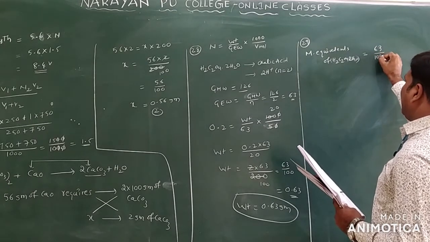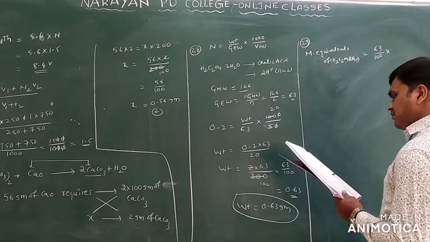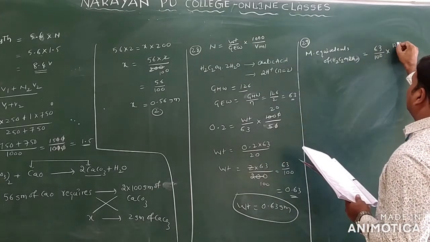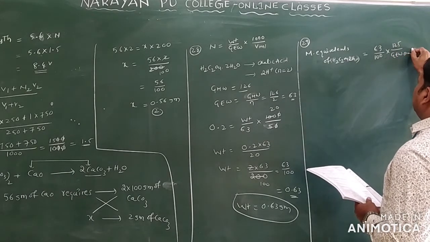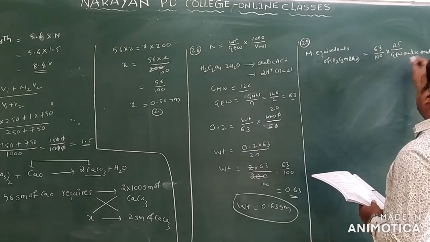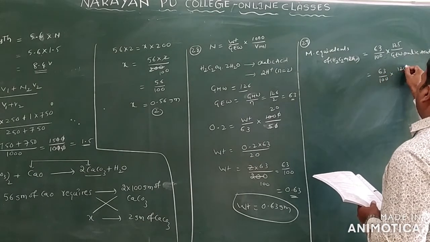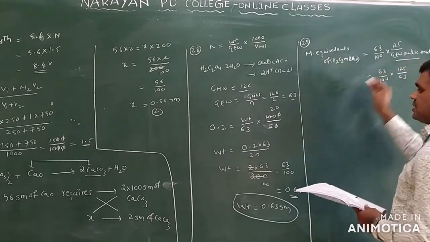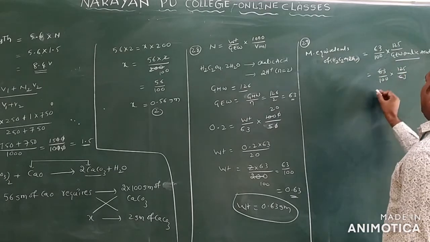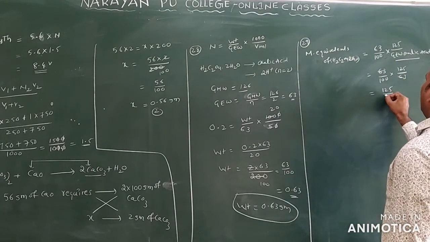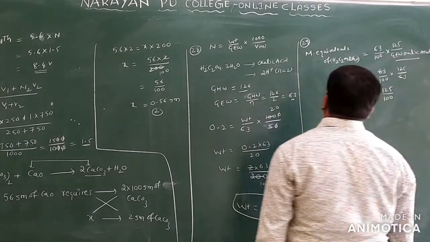It is present in 100 grams we are taking, into the volume given, how much? 125. And you can take gram equivalent weight of oxalic acid. So I will write 63 by 100 into 125 by 63. Already you found 63 in this case. So 63 cancels. What will you get? You will get 125 by 100. This is the milli equivalent of H2C2O4·2H2O.